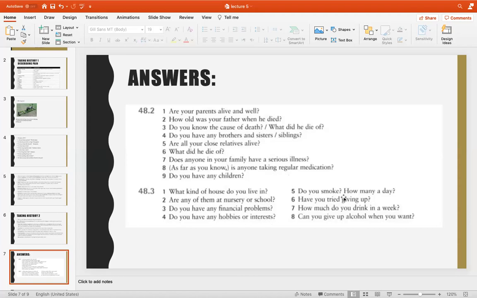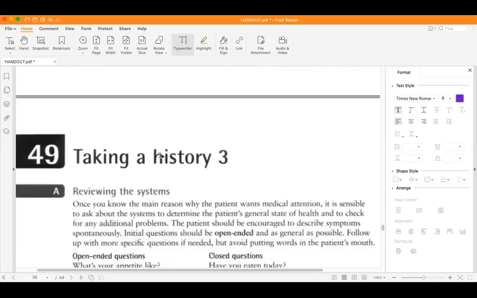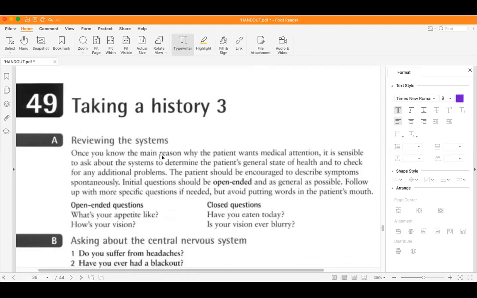Do you smoke? How many a day? Have you tried giving up? How much do you think you drink in a week? Can you give up alcohol when you want? So all of these are questions in order to know the information about the patient in order to prescribe the right medication. So let's move now to taking history 3.